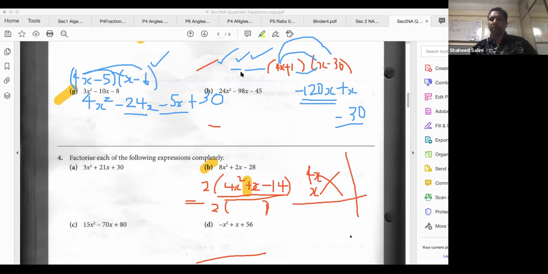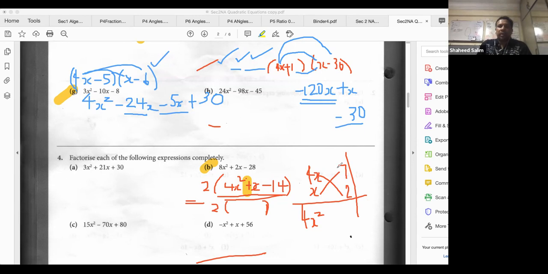So that one part is already okay. And then what times what equals to 14? Let's take 7 times 2. But remember, you're supposed to get a negative 14.